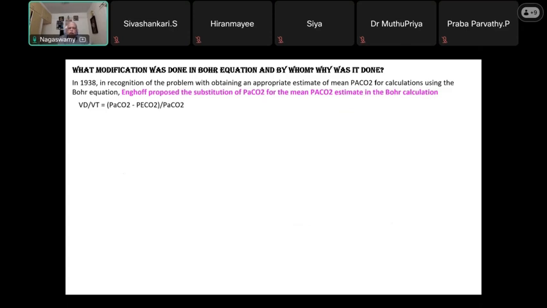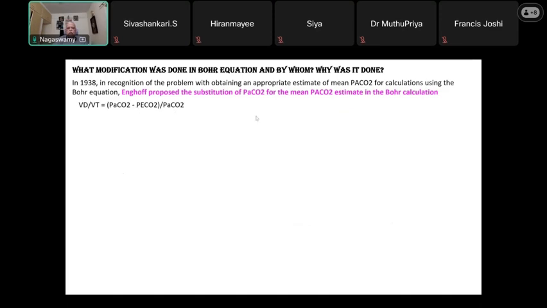We will soon see what dead space is and its importance. VD stands for volume of dead space, VT stands for tidal volume. So VD by VT is equal to PACO2 minus expired CO2 divided by PACO2. That was the original Bohr equation.